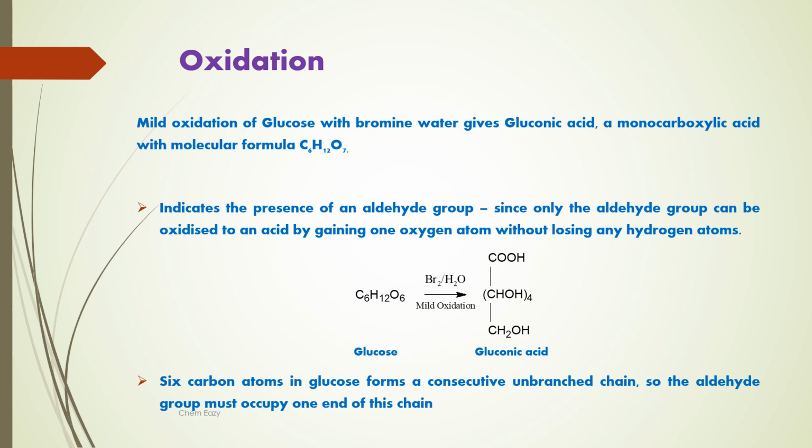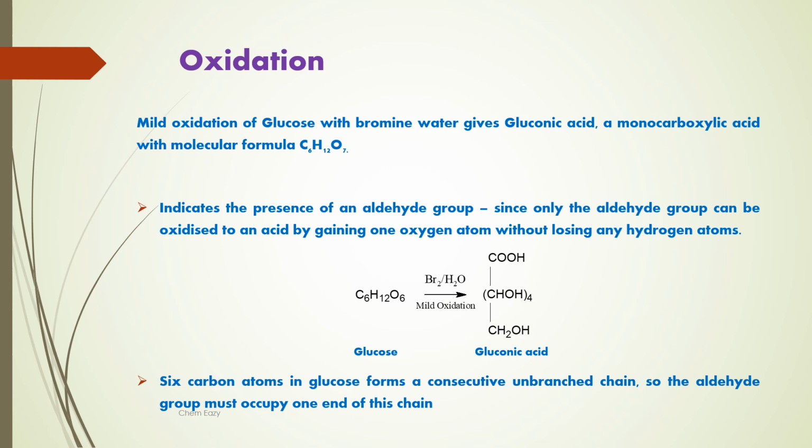The molecular formula of glucose is C6H12O6 and that of gluconic acid is C6H12O7, so there is no loss of hydrogen, but a gain of one oxygen atom.